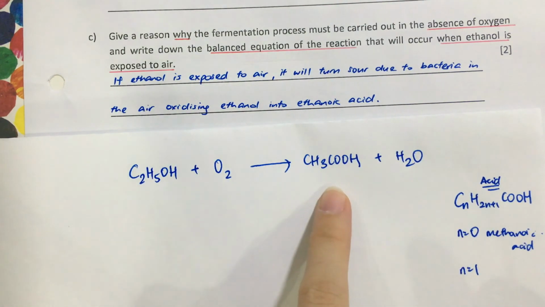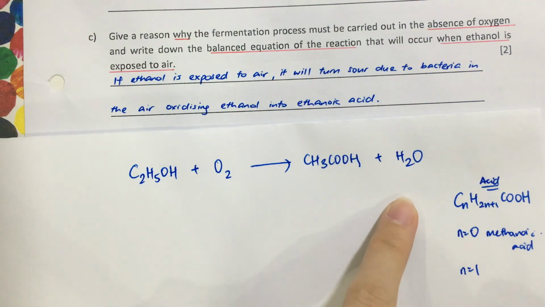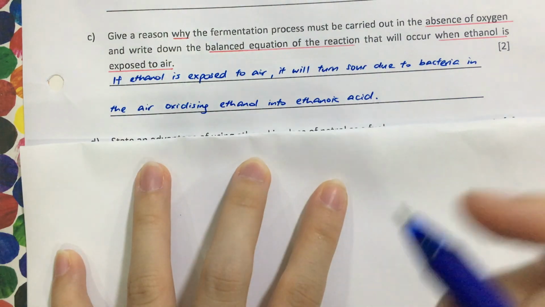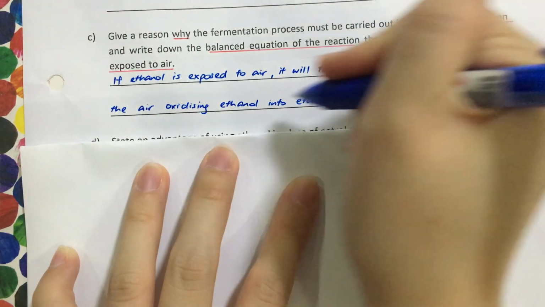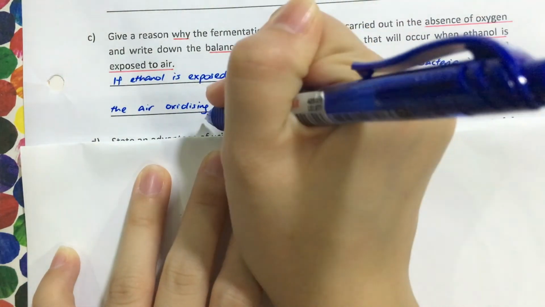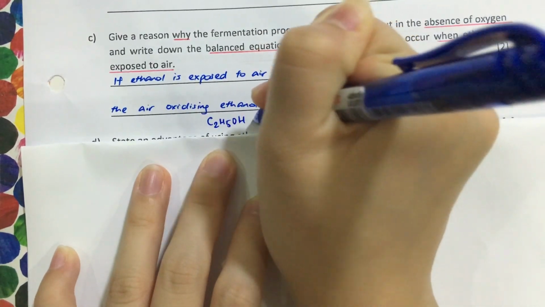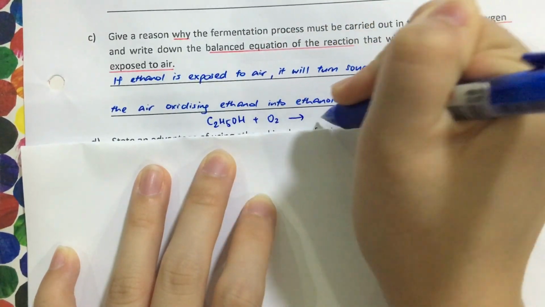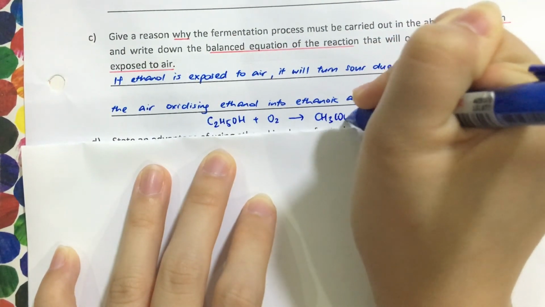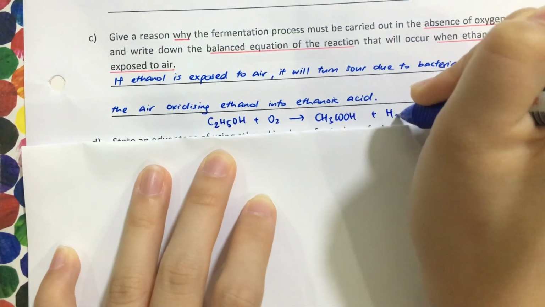Okay, then now once we have this equation, we've got to check if it's balanced. Okay, so the equation is already balanced, we just need to write it down. C2H5OH plus O2 to give you CH3COOH plus H2O.